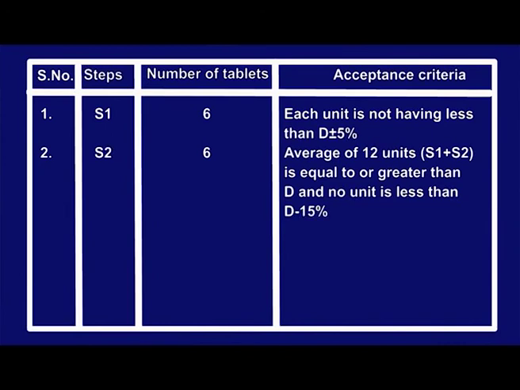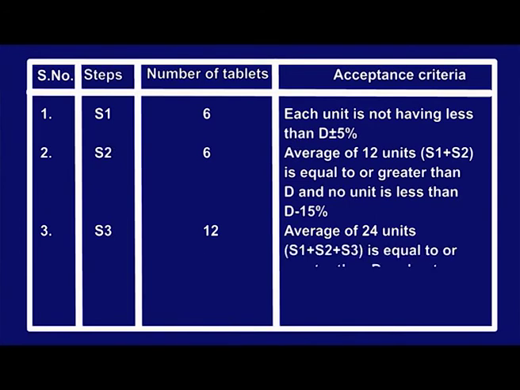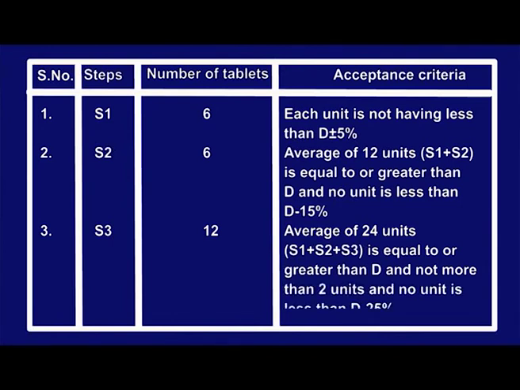In step 3, that is S3, the average of 24 units, that is S1 plus S2 and S3, is equal to or greater than the amount of drug dissolved as per the individual monograph, not more than 2 units are less than minus 15%, and no unit is less than minus 25%, where D equals the amount of drug dissolved as per the individual monograph.